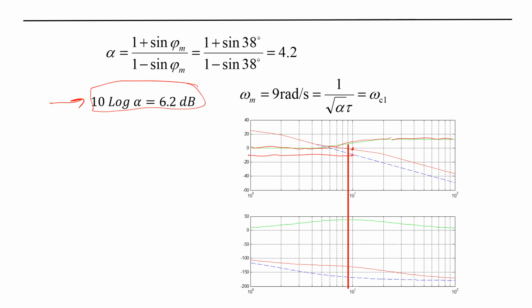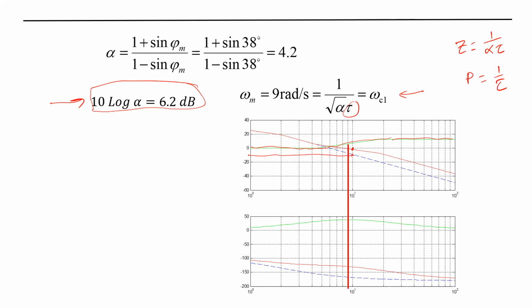which, if you compare it to the original gain crossover frequency, is slightly shifted. And there, remember, it was 6. By the addition of the compensator, we are moving it a little bit to the right. Once I have this frequency, I can determine tau, and then remember the zero is 1 over alpha tau, and the pole is equal to 1 over tau.